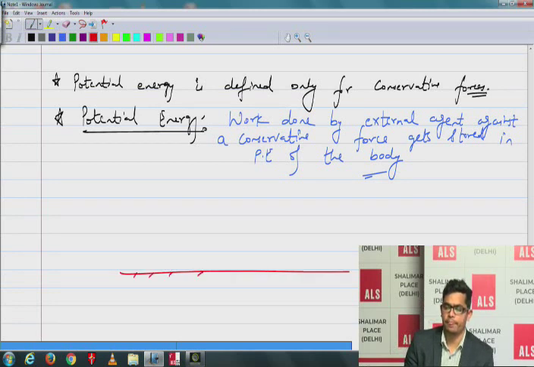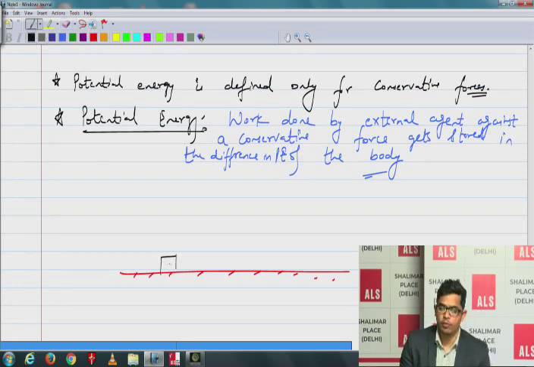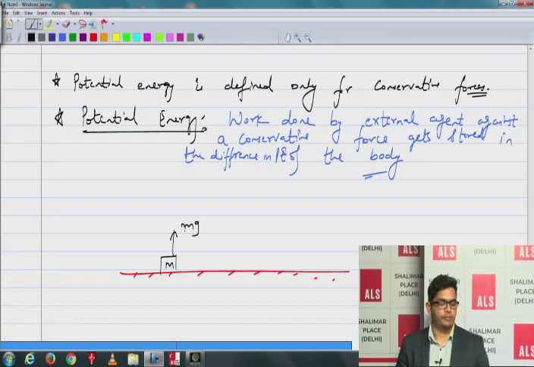By the way, I should say difference in potential energy. Potential energy is a relative term. So the work gets stored in the difference in potential energy of the body. If you take a block of mass m, you apply some force which must be equal to the weight of the body, so F equals mg.